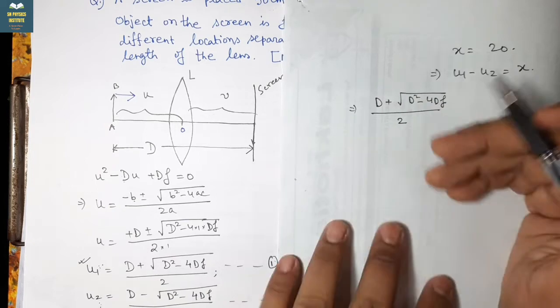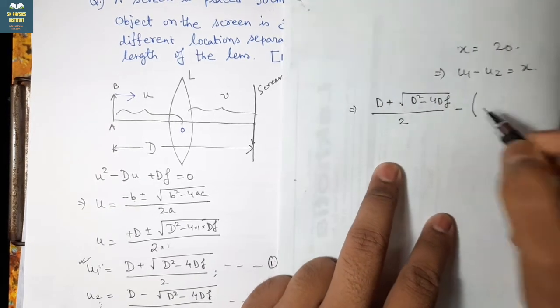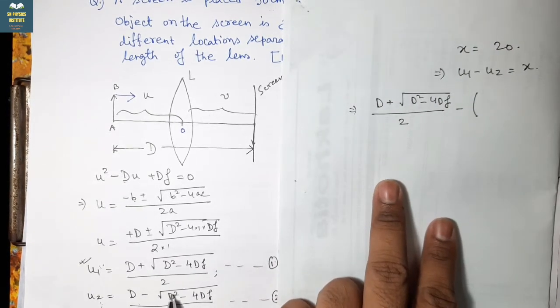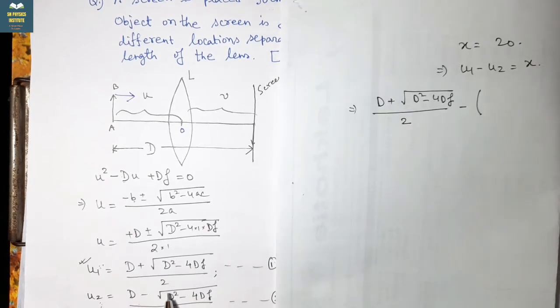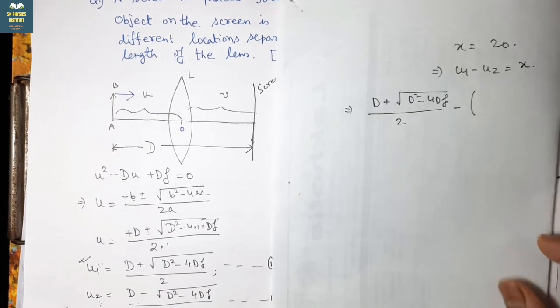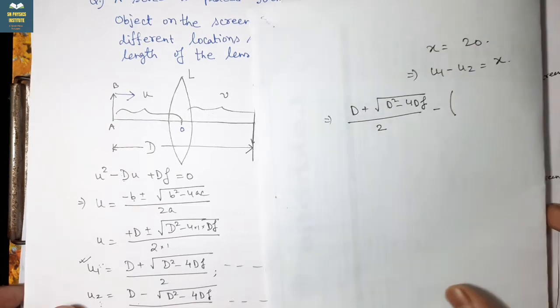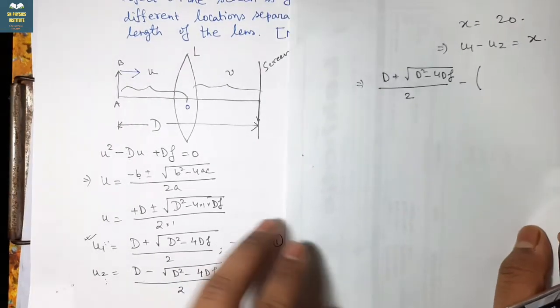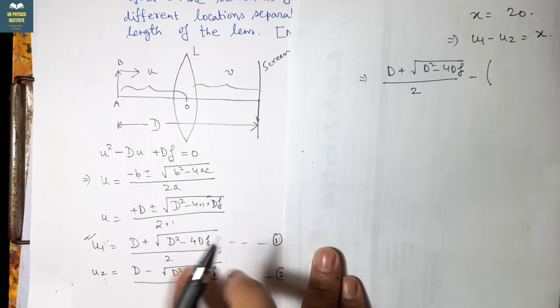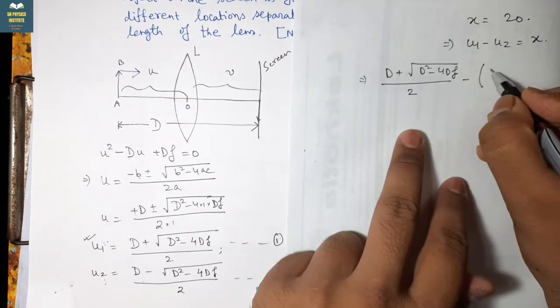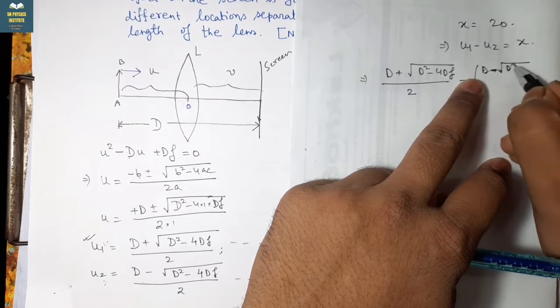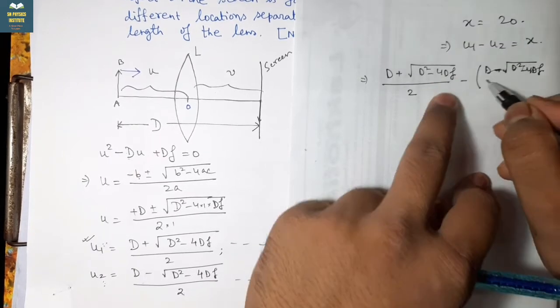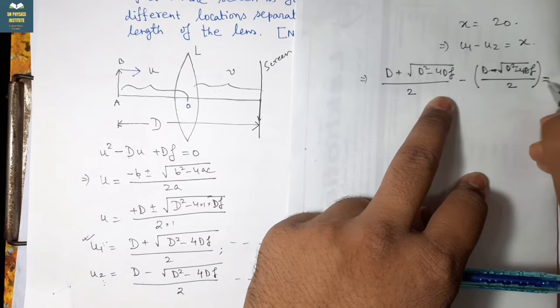And u2 value is equal to d minus root under d square minus 4df, divided by 2. So I am substituting the value of u2, that is d minus root under d square minus 4df by 2, is equal to x.